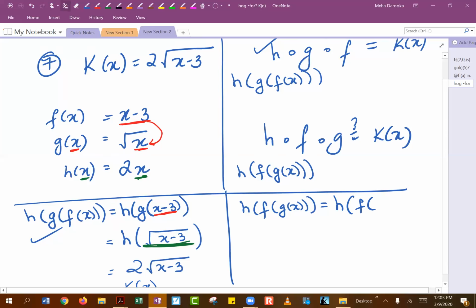Now, how did we define g as the base function? Just square root of x. So this is where you're going to put square root of x now. So I have f of square root of x, which means this x has to be replaced.